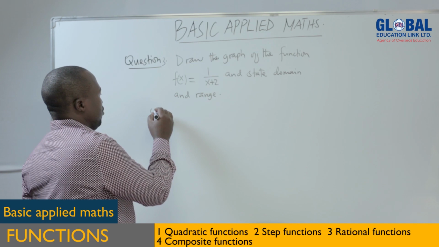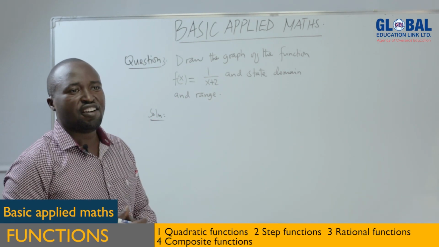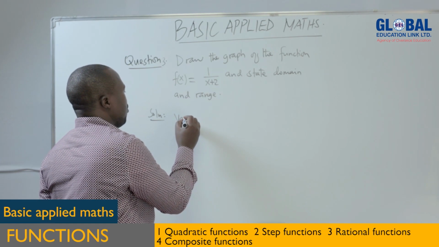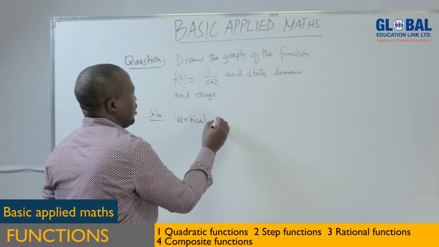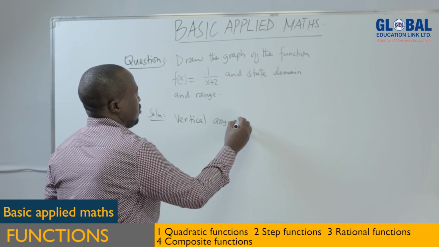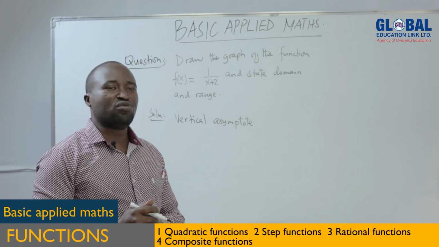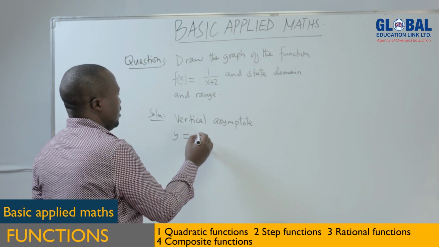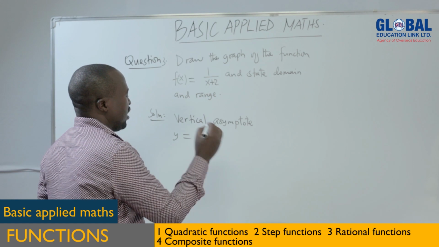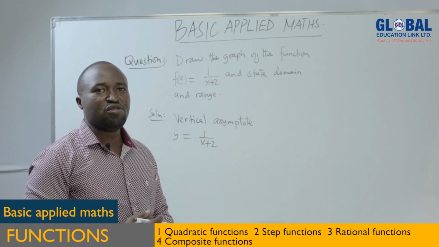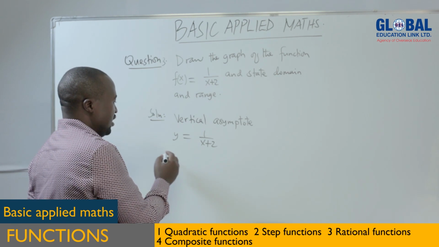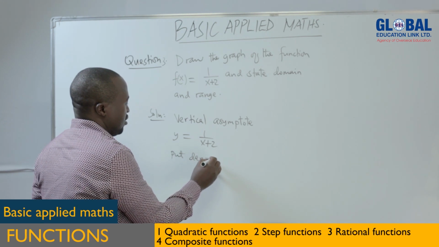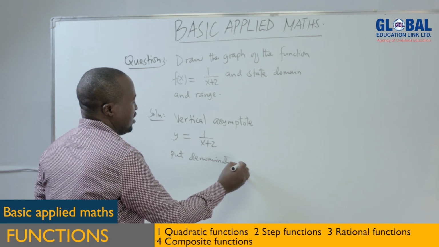Now, before drawing the graph, we have to find the vertical asymptote. So of course we let our function be y is equal to 1 over x plus 2. So here y is written in terms of x. Here we put the denominator equal to 0.